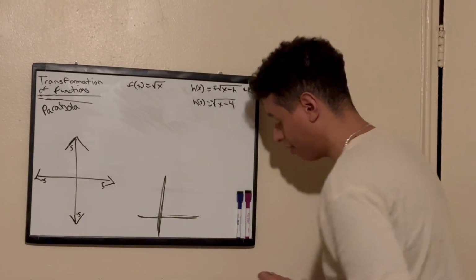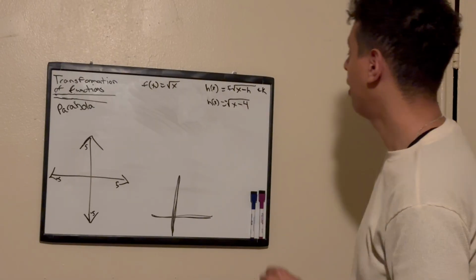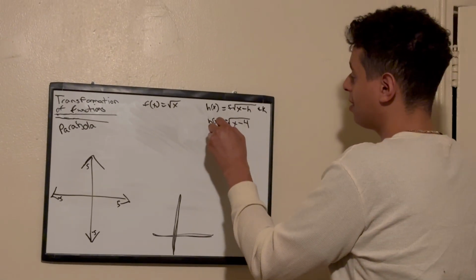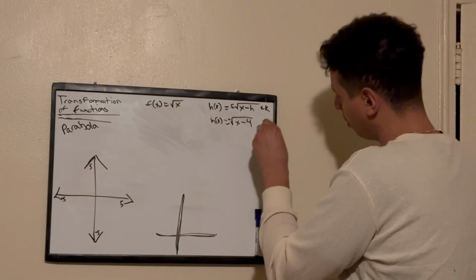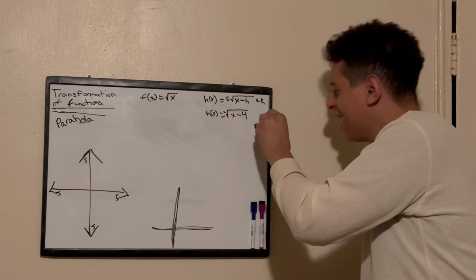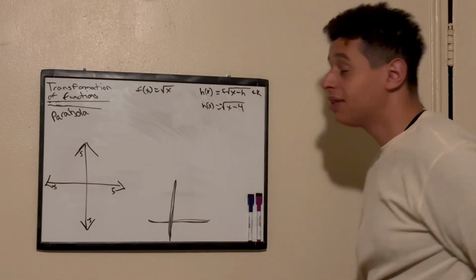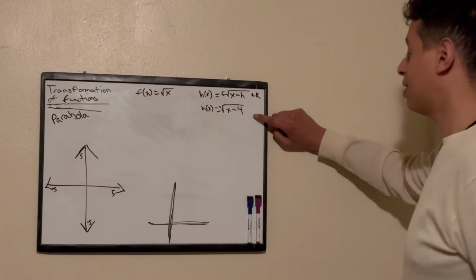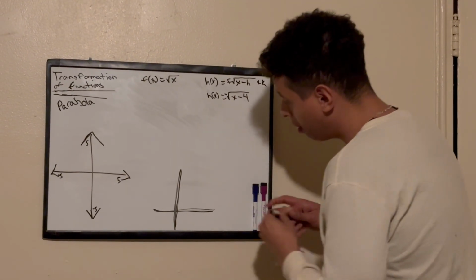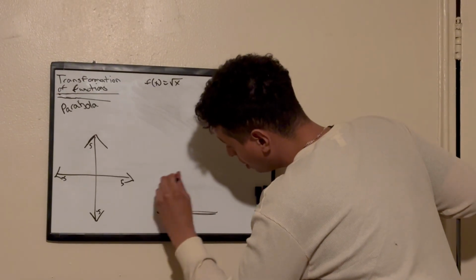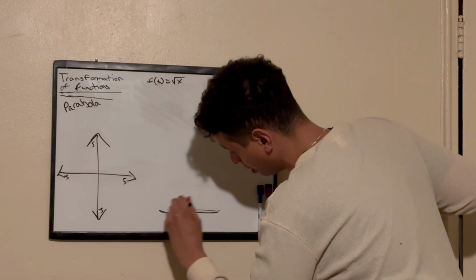So I give the equation h of x equals the negative square root of x minus 4. Wait a minute, where's the k? Good question. Because there is no k, that means that there is no vertical movement or shift in this equation.